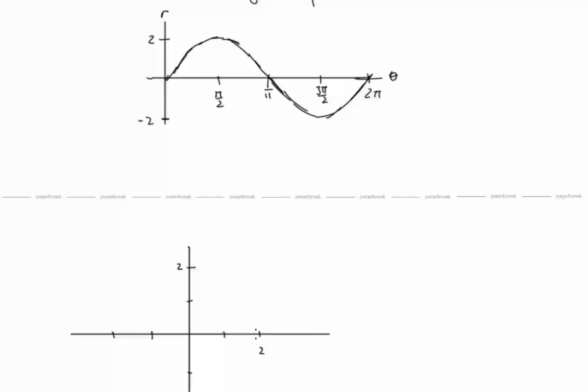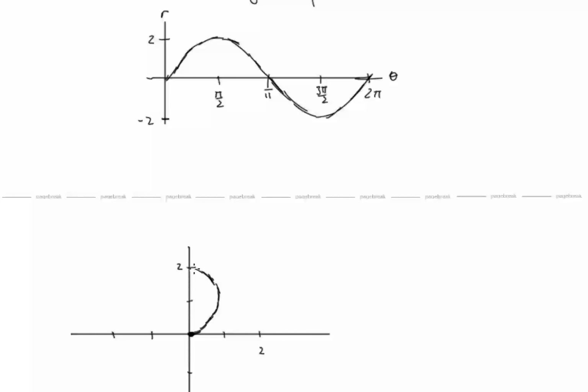Theta equals 0 is in the direction of the positive x-axis, and r equals 0 means we stay at the origin. Now we see that as theta increases to pi over 2, r increases to 2, and it reaches its maximum value of 2 at theta equals pi over 2. So as theta increases, r increases to 2.